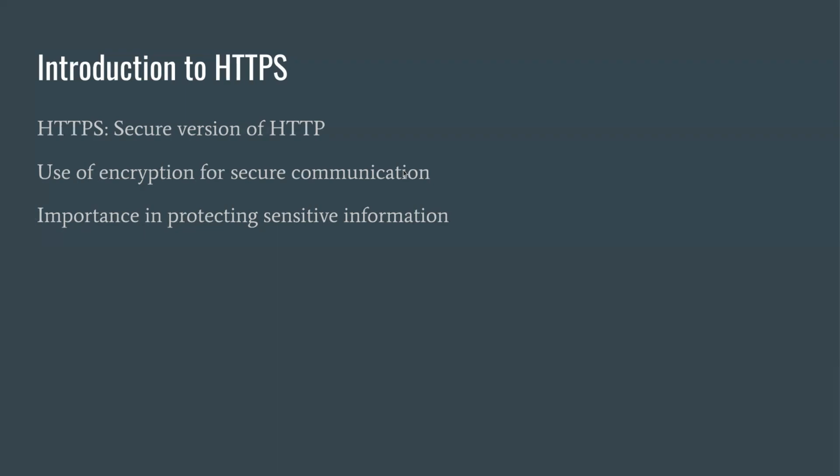HTTPS employs encryption to safeguard the data exchange between a client and its server. And this is really important because these days we transmit sensitive information like credit card details, passwords, our personal information. So it is important to ensure that the data remains confidential and protected from eavesdropping.